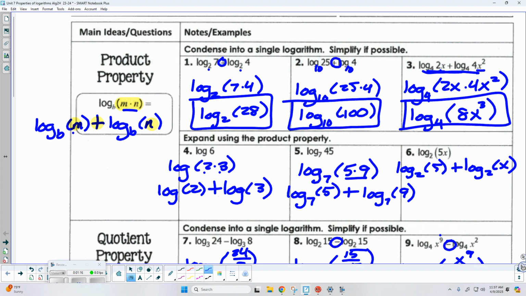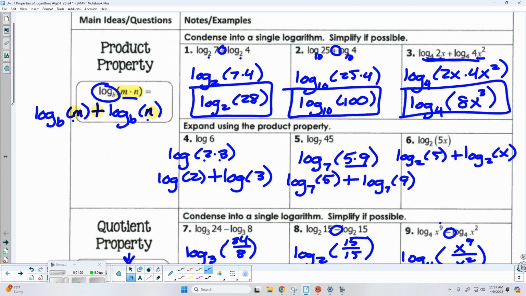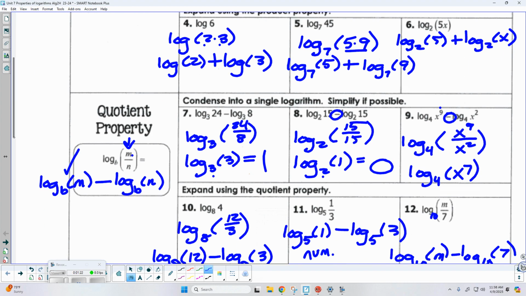Each term gets its own log of the same base that you had. If you're dividing inside of a logarithm, this is called the quotient property. You can separate the numerator and denominator by subtraction. Very important, the numerator does have to go first. Order does matter there.